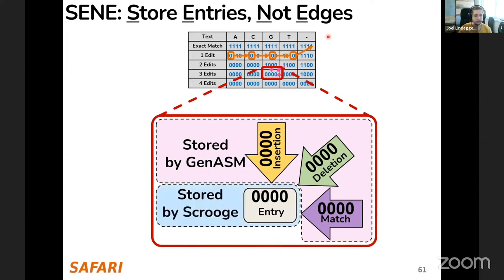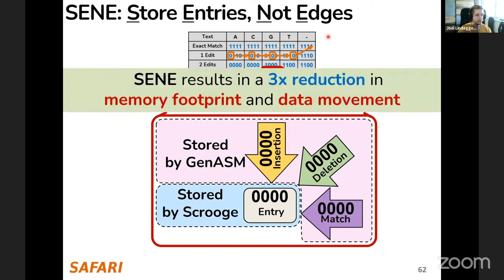Now, what we observe is that it's sufficient to just store the entry itself, not the ingoing edges. So Scrooge only stores that, which is 3 times fewer bits than all of the edges. And that out of the box gives us a 3x reduction in memory footprint and data movement. It comes at a slight compute overhead to regenerate the edges that are needed during traceback, but it turns out this is a very minor overhead.